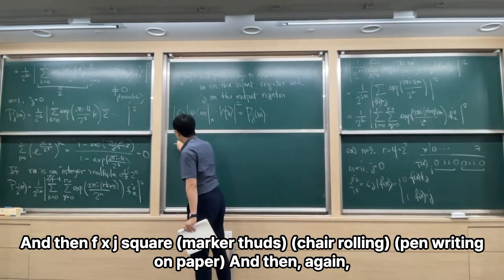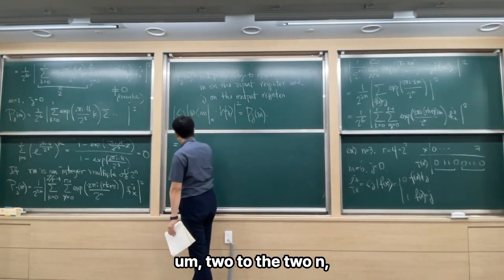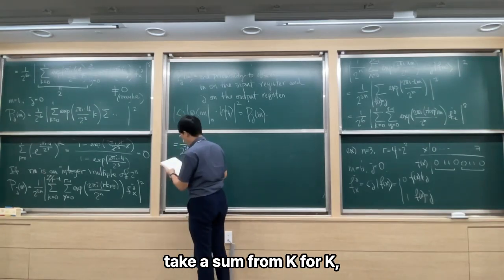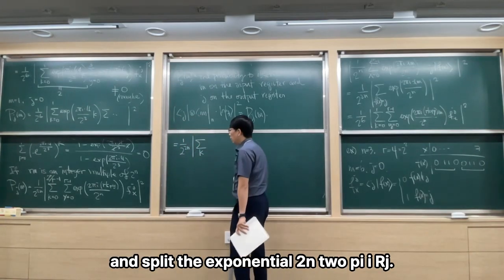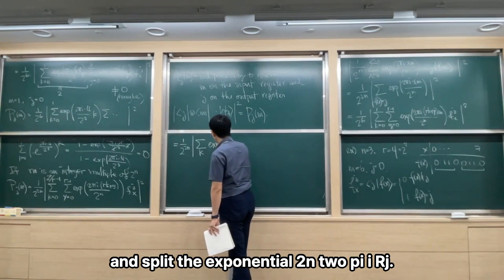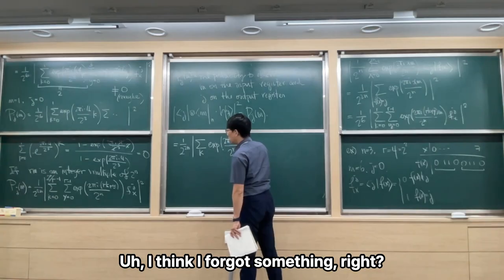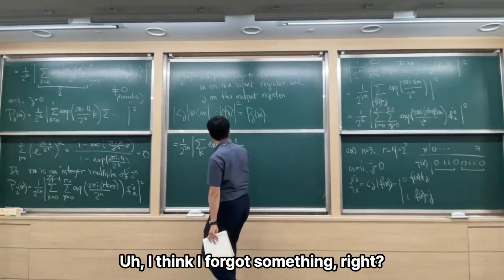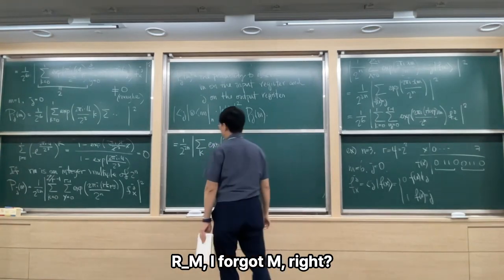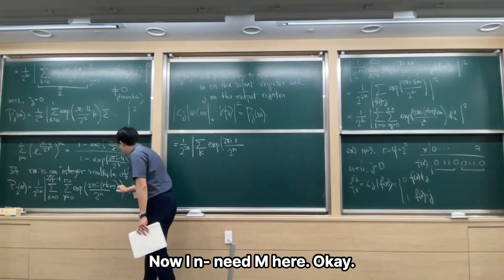And then again, 2 to the 2n, take a sum over k and split the exponential, 2n 2 pi i r. I think I forgot something, right? I forgot m. I need m here.